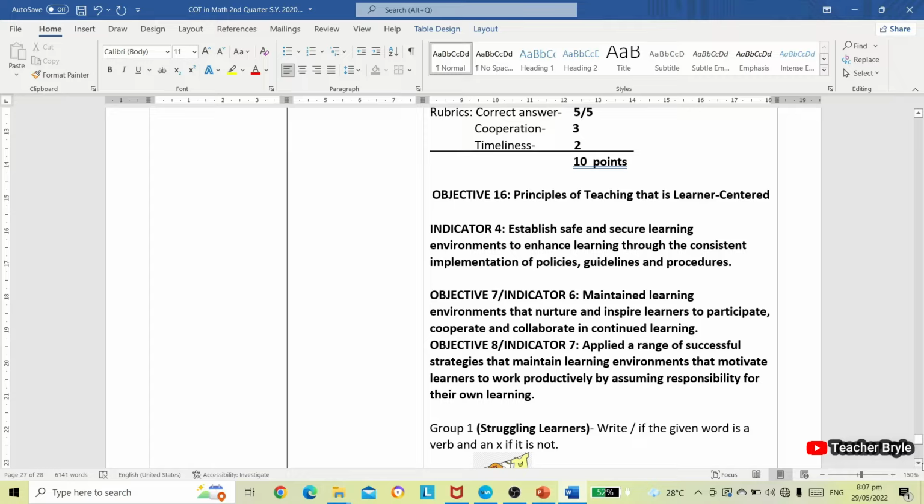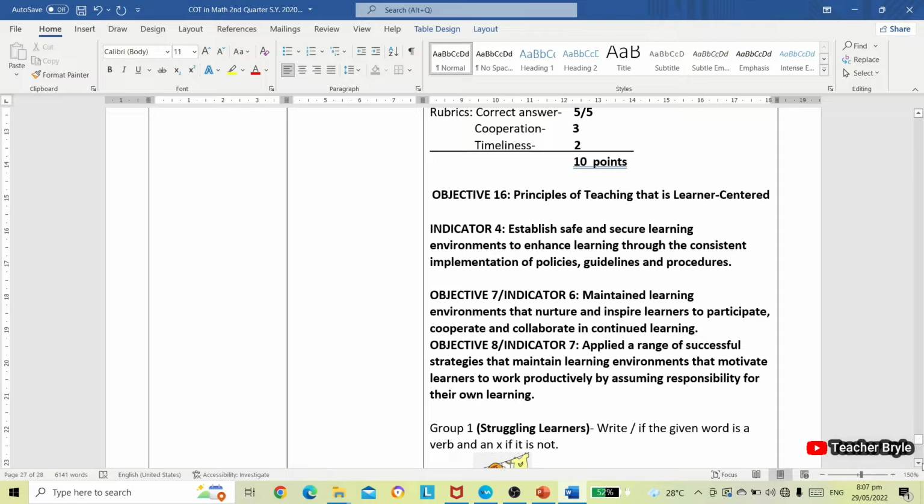Objective 16, principles of teaching that is learner-centered. Indicator 4, establish safe and secure learning environments to enhance learning through the consistent implementation of policies, guidelines, and procedures.